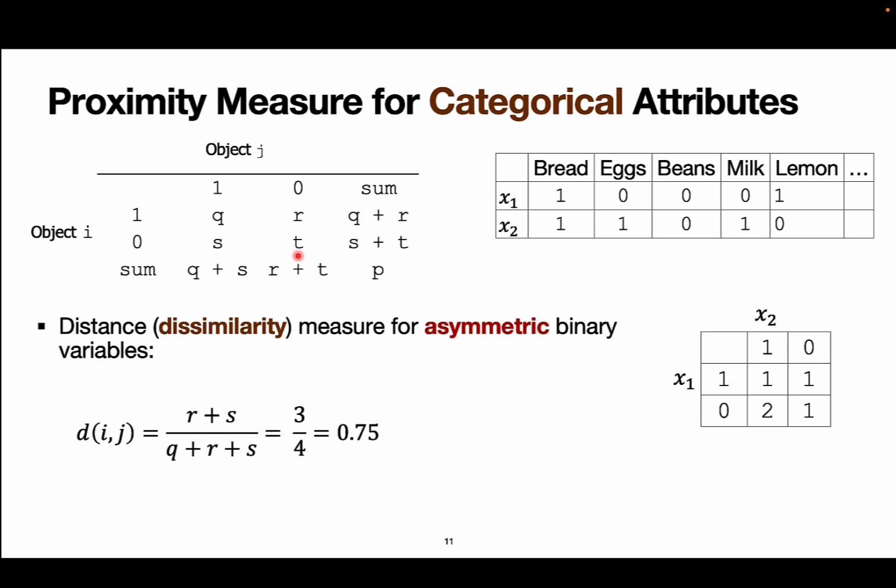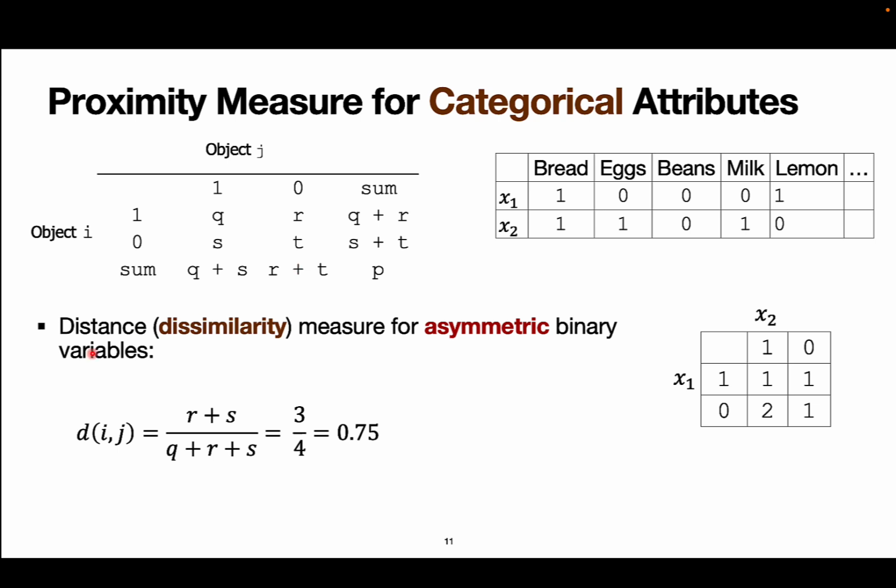Now we will look at the distance or dissimilarity measure for asymmetric binary variables. For those variables, the value of t is not going to be part of the measure. In other words, the things that x1 and x2 did not buy do not make them similar.